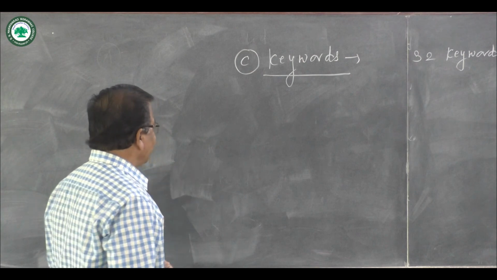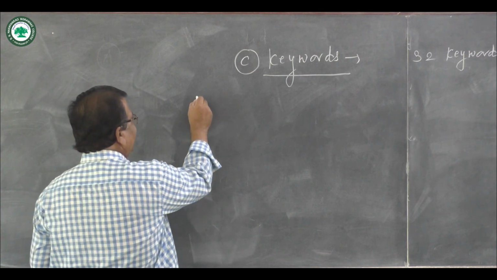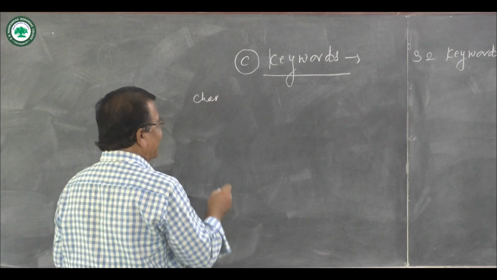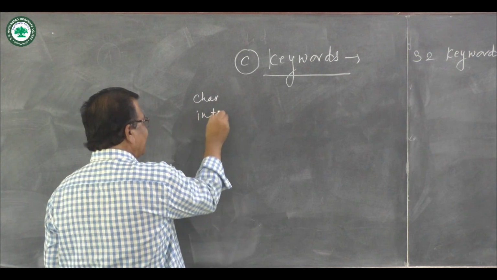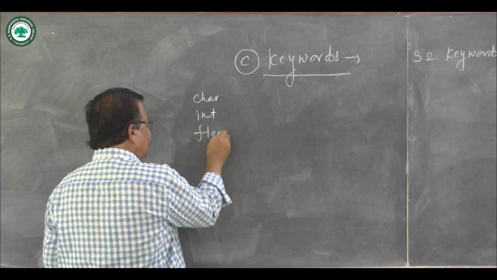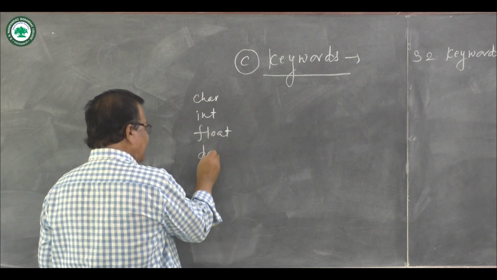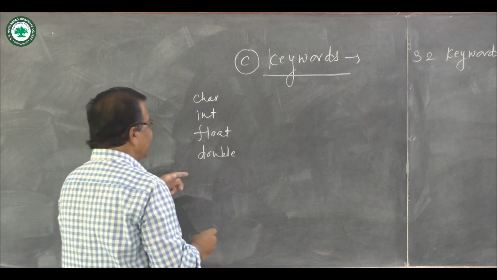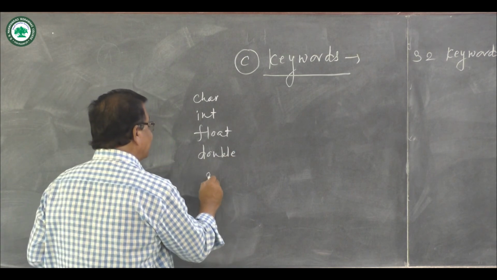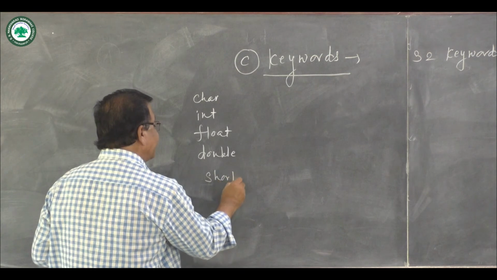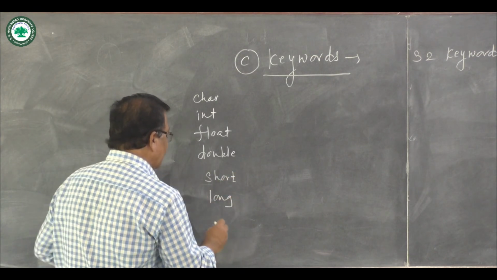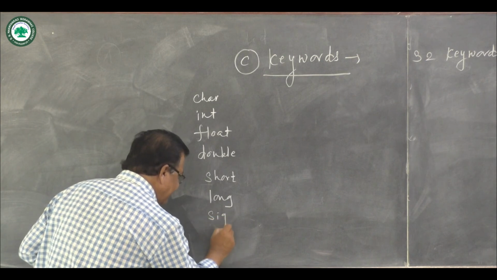The way to remember is that I will start from the various data types in C: character, integer, float and double. These are the 4 basic data types in C. And then 4 derived data types such as short integer, long integer, therefore short, long, signed, unsigned.